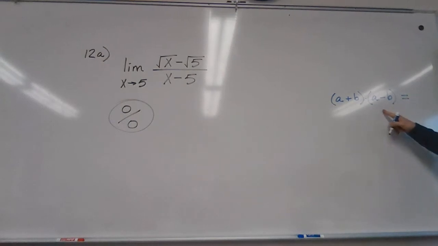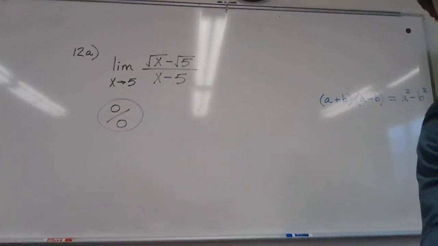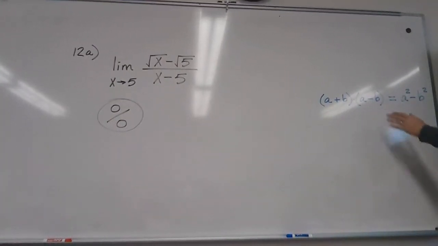This one's really famous. It's the difference of squares, right? It would be A squared minus B squared. Okay, this is a really commonly used identity. It comes up a lot in mathematics. Make sure you understand this one, okay?